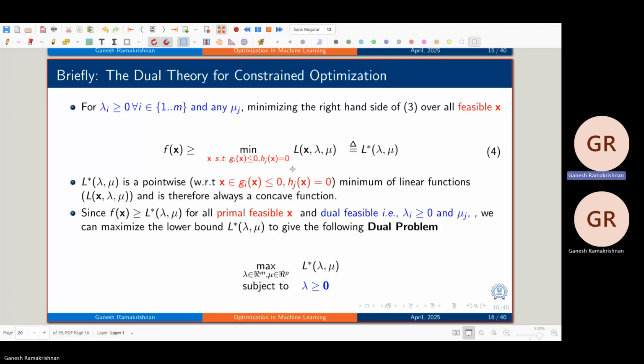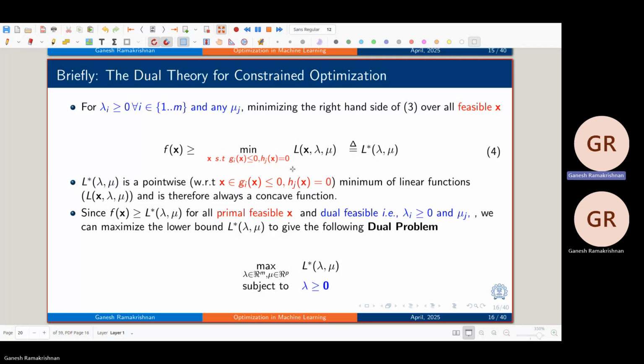Now what we are saying is that this L, which has this particular form, is a pointwise minimum of linear functions. Why? Look at this. This is a function of lambdas and mu's.